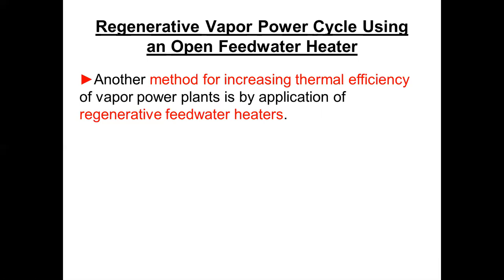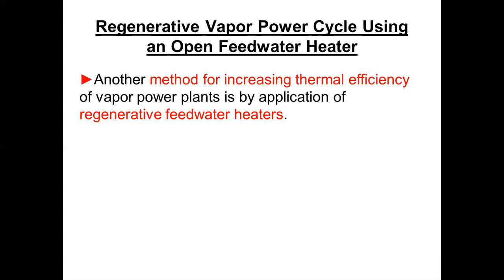We're going to try to boost that temperature as high as we can before we put it in the boiler, because if we increase the average temperature during the heat addition into the working fluid in the boiler, we will increase the overall thermal efficiency of the cycle.